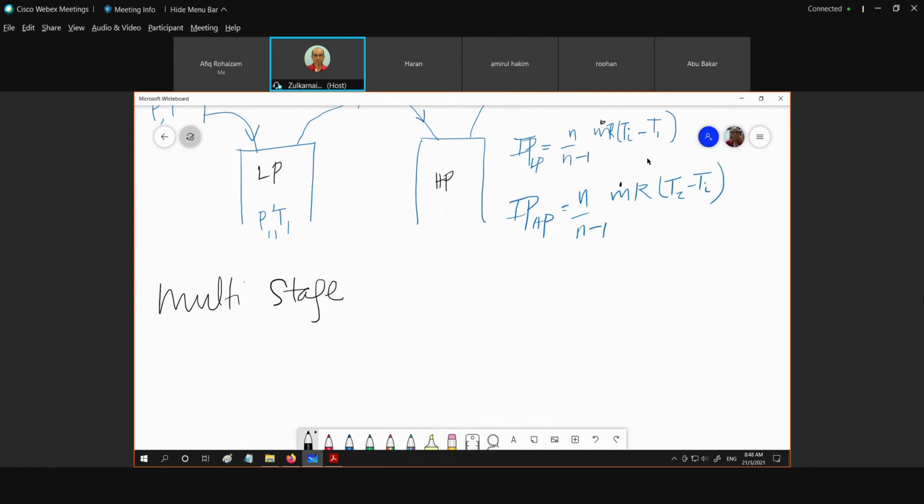So untuk case multi-stage, bila kita ada case di mana same pressure ratio, and at the same time, kita ada complete intercooling, iaitu T1 prime sama dengan T1.